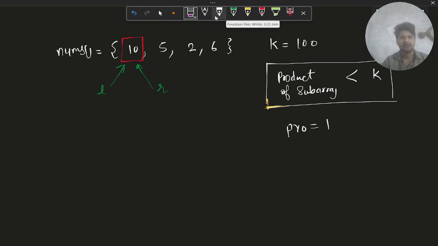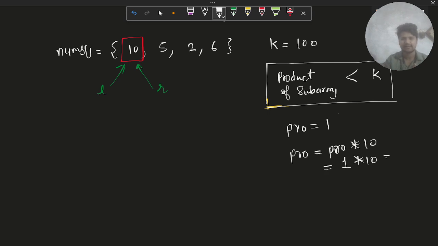Now we will include this element. Including this element means product equals the previous product times the current element we have included. So the previous product is 1, and the element that we have included is 10, so the product is 10.